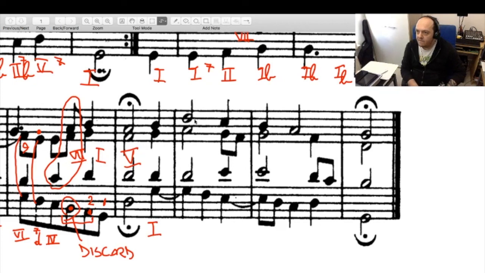Chord 5. That's a 5 with a 4-3 in the bass. See, it becomes 5B there on the second beat. So that's a 4-3 suspension in the bass.